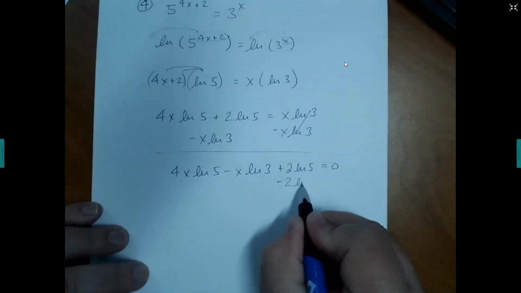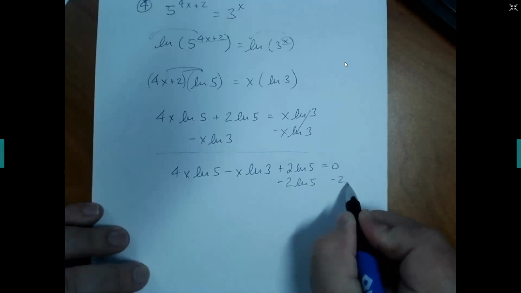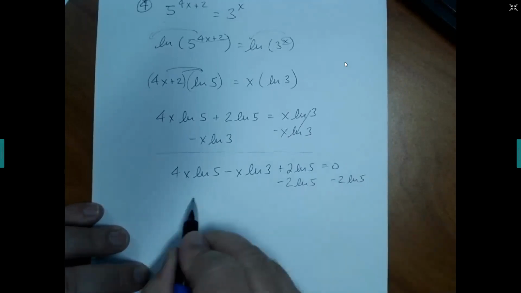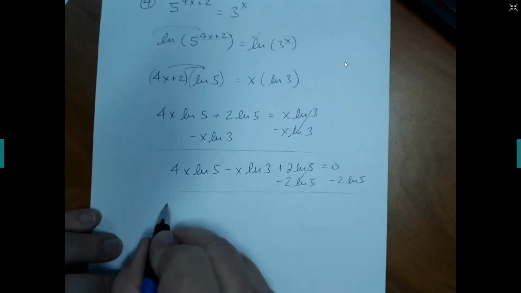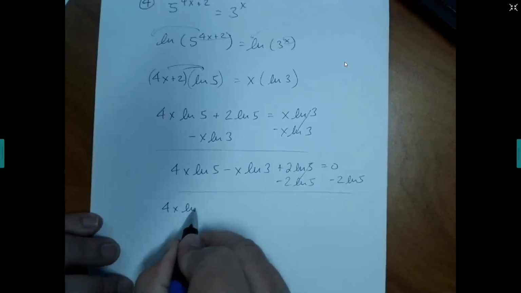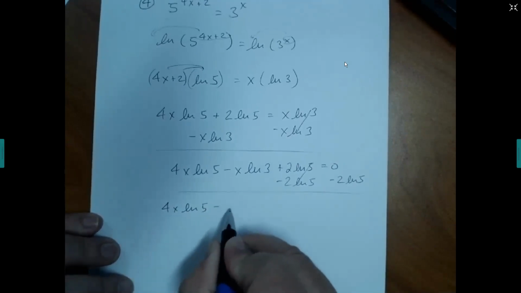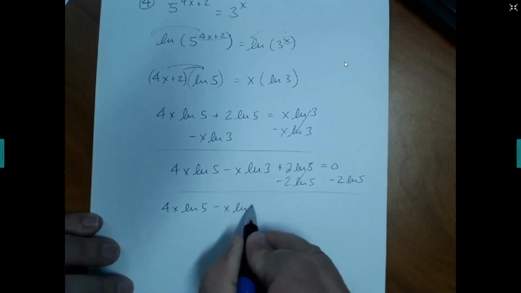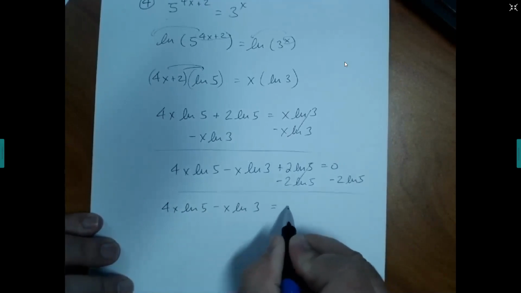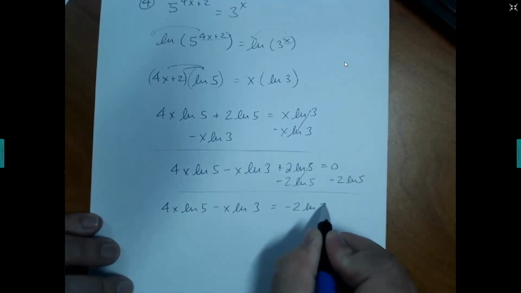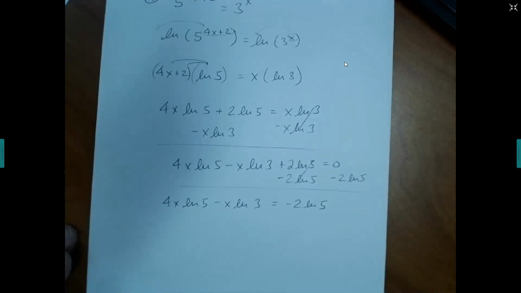Get rid of the 2 ln 5. We only want the x's on one side.